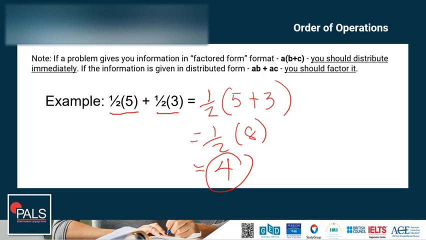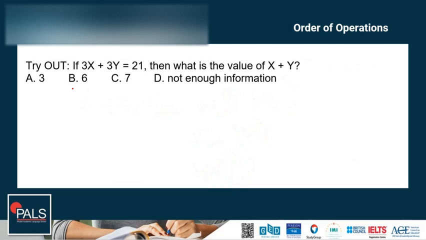Now let's try some GED types of problems, or GED format. Okay, let's look at this tryout. The question says, if 3x plus 3y is equal to 21, then what is the value of x plus y? A, 3, B, 6, C, 7, or D, not enough information.